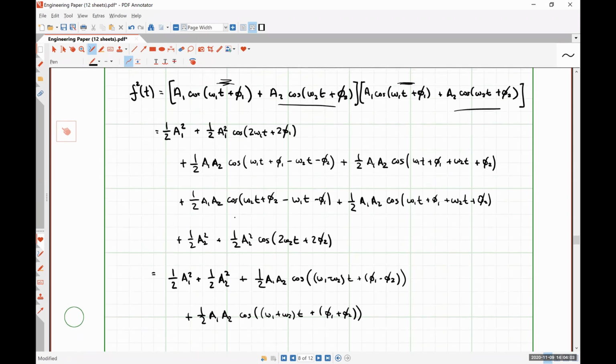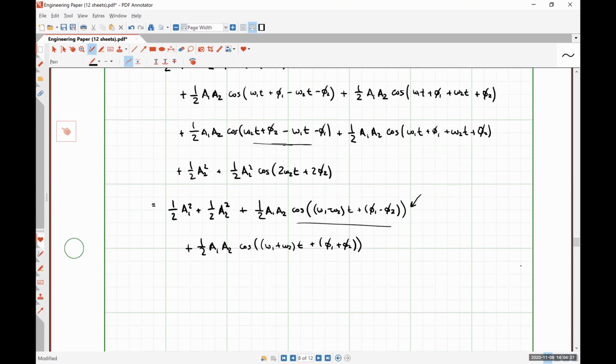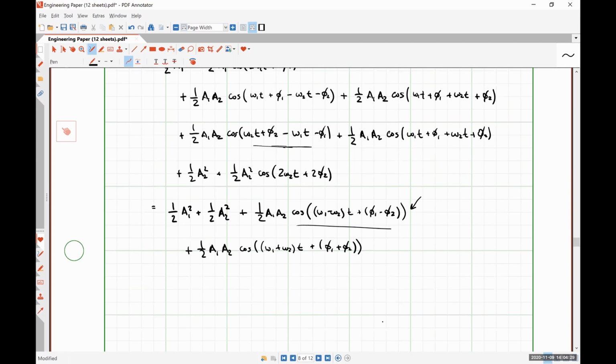If we look at this one right here, it's omega 2 minus omega 1 times t plus phi 2 minus phi 1. So it's the exact same thing as this term right here, but with exactly the negative of the angle. Let me ask you a quick question: what is cosine of negative x equal to?